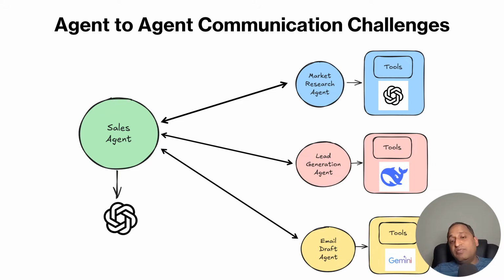And if the email draft agent has to talk to the lead generation agent, again there's some sort of communication between these two. You can see a lot of communication happening between all these agents. The challenge is that it involves a lot of integration code, a lot of plumbing required between these agents. That's what we are going to see: how Google's agent to agent protocol can address this particular challenge.